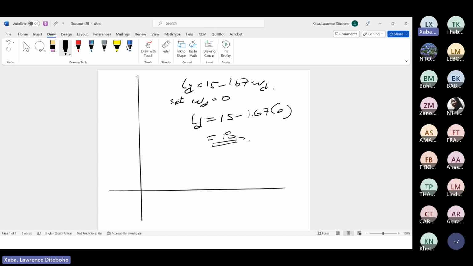Now in the case where we want W, let's set LT equals 0. So now we have 0 equals 15 minus 1.67 W. So we take that, we end up having 1.67 W equals 15.